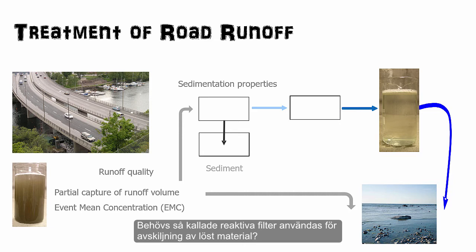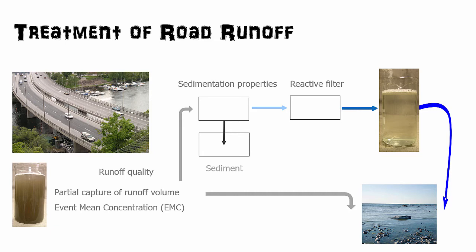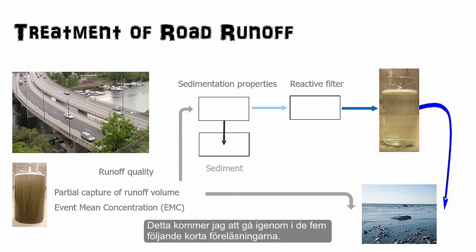And finally, a special kind of filters, reactive filter, for removal of dissolved material. So this is an overview of what I will go through and explain and give you results for in this work I did in the field.